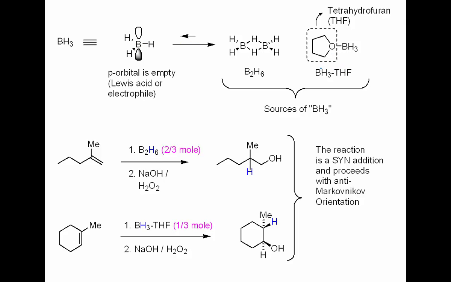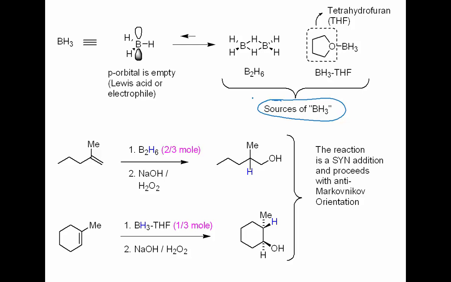Another source of BH3 that's commonly used and is commercially available is something called BH3-THF. This ether, or this compound right here, is called tetrahydrofuran, and it forms a Lewis acid, Lewis base adduct with BH3 that readily releases BH3. So we could regard both of these two compounds as handy sources of BH3.